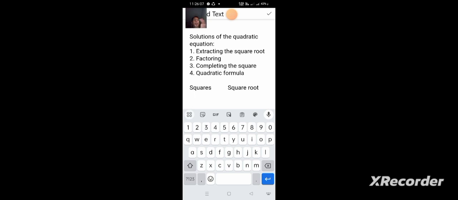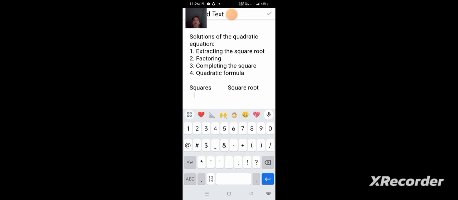Please be reminded that when we square a certain number, we are squaring the negative and the positive number. For example, the square of positive negative 1, raised to 2, equals 1.